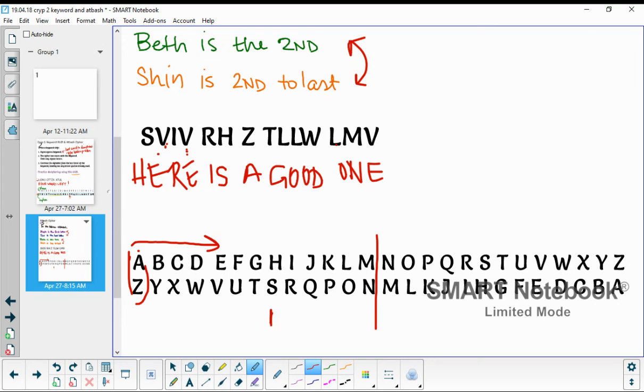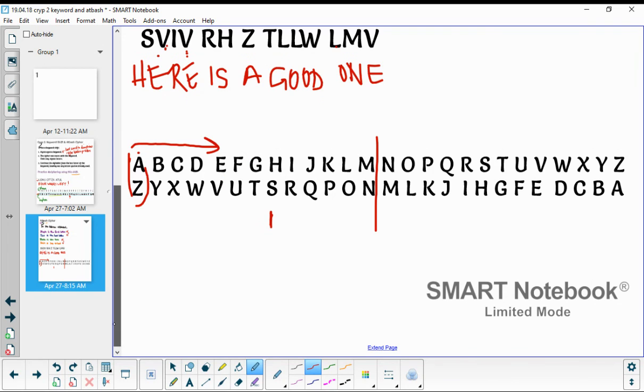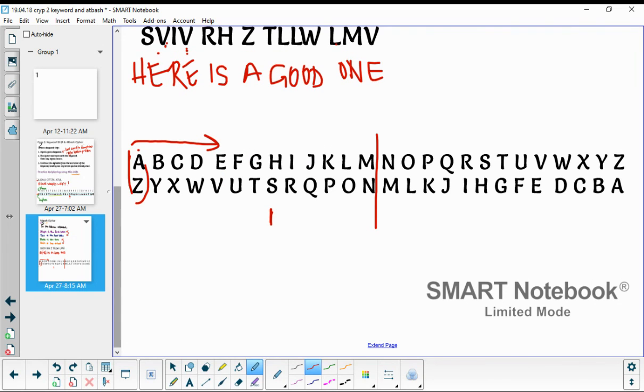Okay, so those are your two new ciphers, keyword and Atbash. I am going to remind you, because this is going to keep coming up over and over again, and this is one of our overall themes. These are both substitution ciphers.